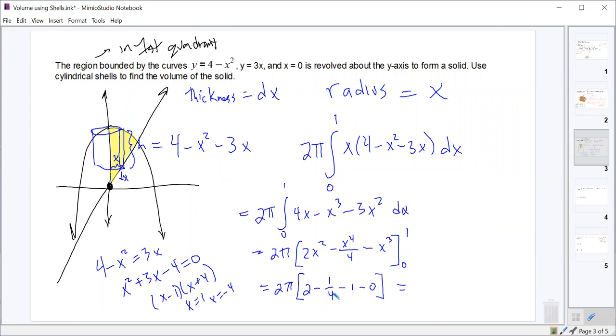And what does that simplify to? 2 minus the 1 is 1. 1 minus the fourth is 3/4. 2 times 3/4 would be 3/2. So 3 pi over 2 units cubed. Good or no?